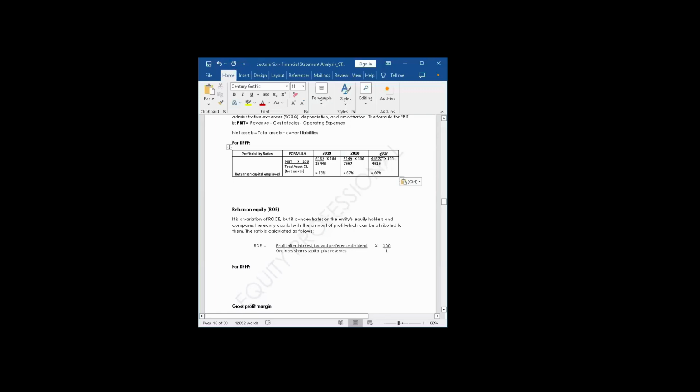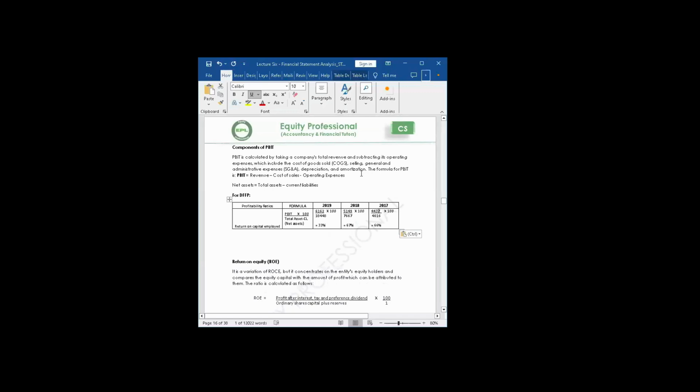The profit before interest and tax, the PBIT, is equal to operating profit, which is equal to revenue minus cost of sales minus operating expenses. So you will see your operating profit. That is the profit before interest and tax we are using. So we should have something like this.